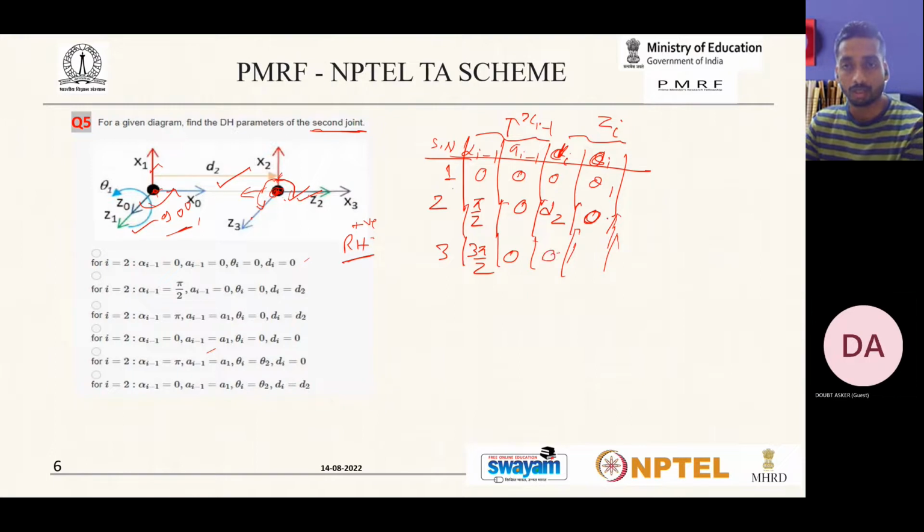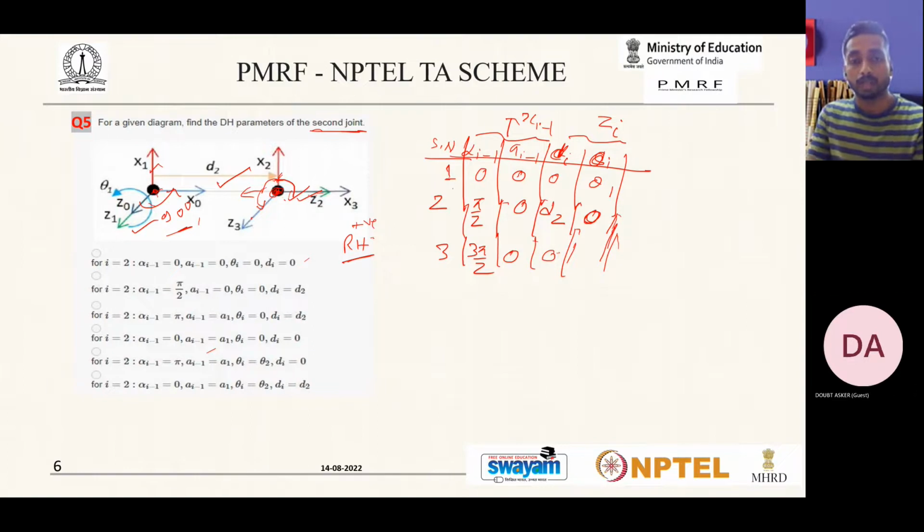Now we have to find theta i, that is the angle between x2 and x3 with respect to Z3. So how will you find it? Again, for angle finding, you point your thumb in the Z3 direction and try to bring x2 to x3.